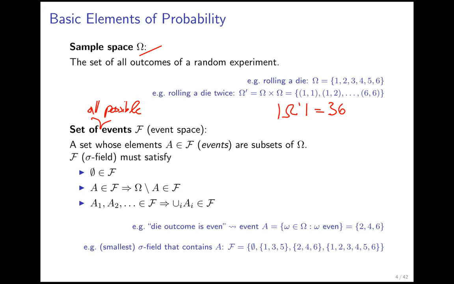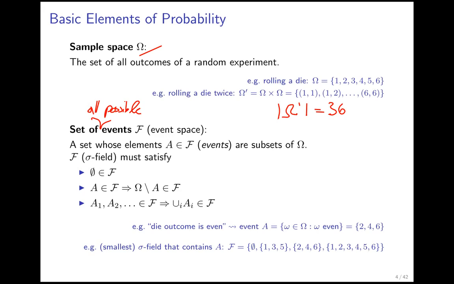And if we take the union, then it's also in F, and that's fine. So this set F that is depicted in the last line is actually a sigma field, but it's just the smallest sigma field. You could also take the power set of omega, so all subsets of omega, and that would be a valid sigma field as well.